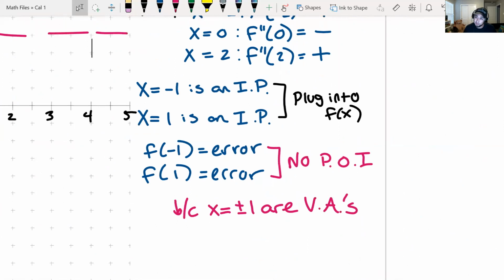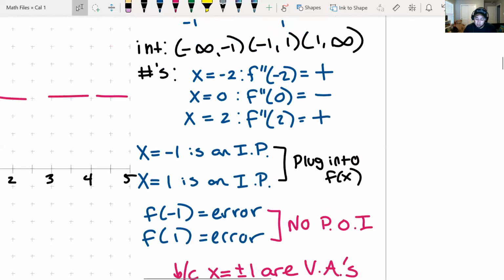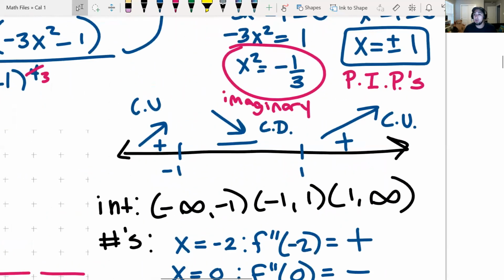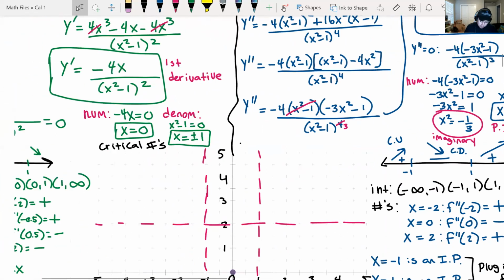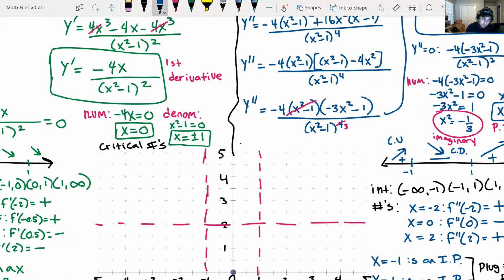Well, we're almost done. Whether I have points of inflection or not, we still finalize this graph by using the second derivative sign chart for concavity. This is why concavity is important. What this sign chart says is that from -infinity to -1, I am concave up.